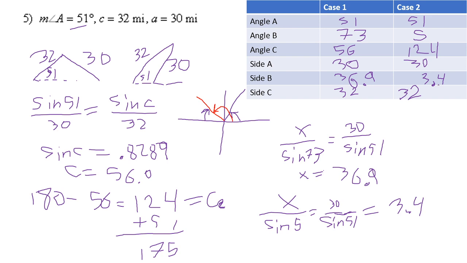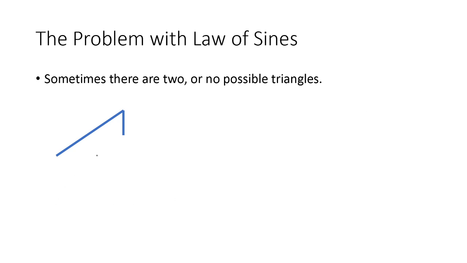First, I want to talk about possibilities of having no possible triangles. If you think about originally when we first introduced this, we drew the two possible triangles. Well, sometimes if I tell you this angle down here, and I tell you side A and side C, like we have before, sometimes side A is so short that it doesn't reach.